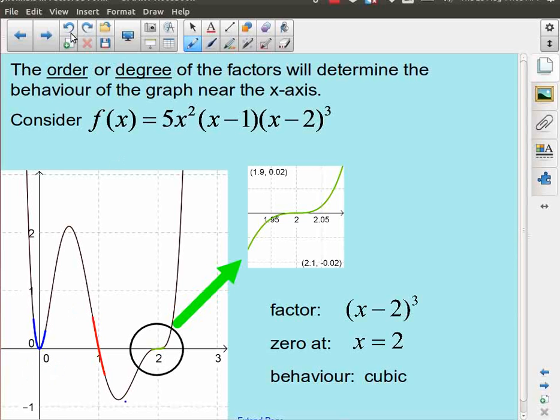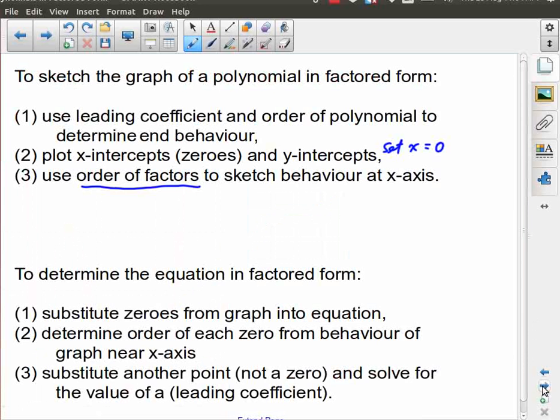Once you know your end behavior, I recommend you sketch in the behavior at each of the zeros, and then come back and fill in the curve that would allow you to connect those zero behaviors together. That's just my advice, but I've done this a couple times, so you might want to listen.